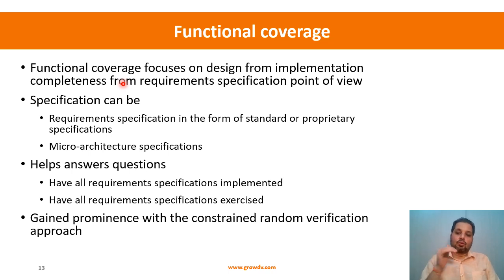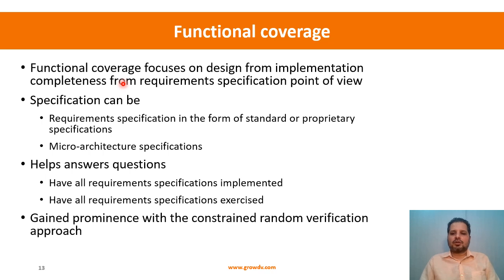They in fact go through all the requirement specifications, as we talked about, pick each section, pick each line, and in order to make sure the design has implemented that particular line, ask what stimulus we need to cover and what responses we need to cover. You look at it from that point of view, define your coverage plan and implement it, right? Once you have done that, it should help you answer questions like: have all requirement specifications been implemented?